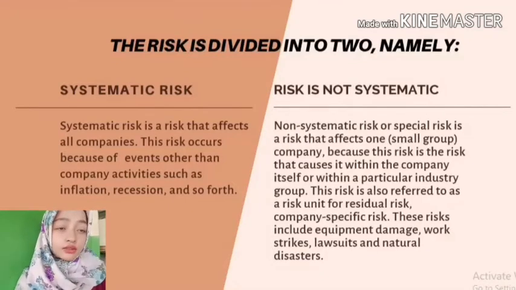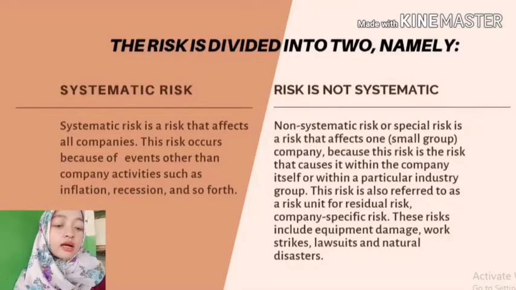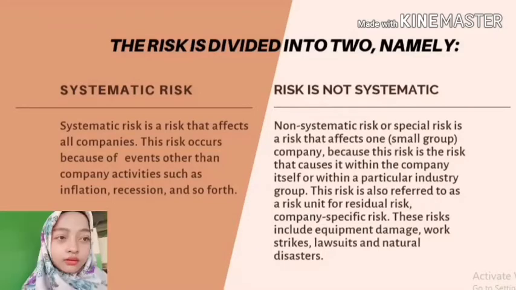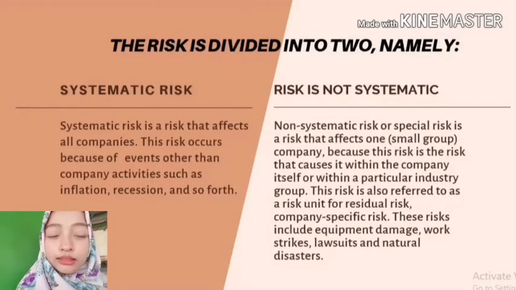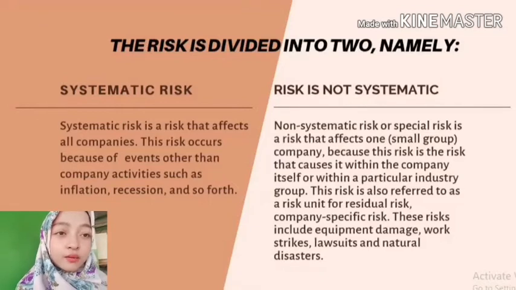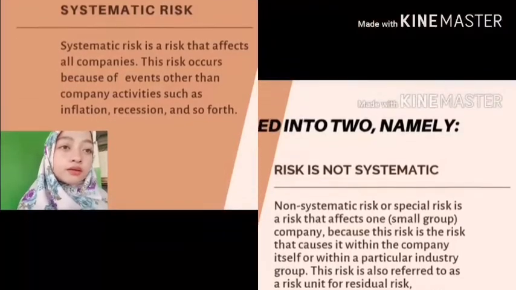Systematic risk usually comes from external factors, such as economic crisis, political instability, and changes in tax laws. Unsystematic risk is about natural disasters, foreign policies, or maybe something that we do not expect to happen. So it is called unsystematic risk.